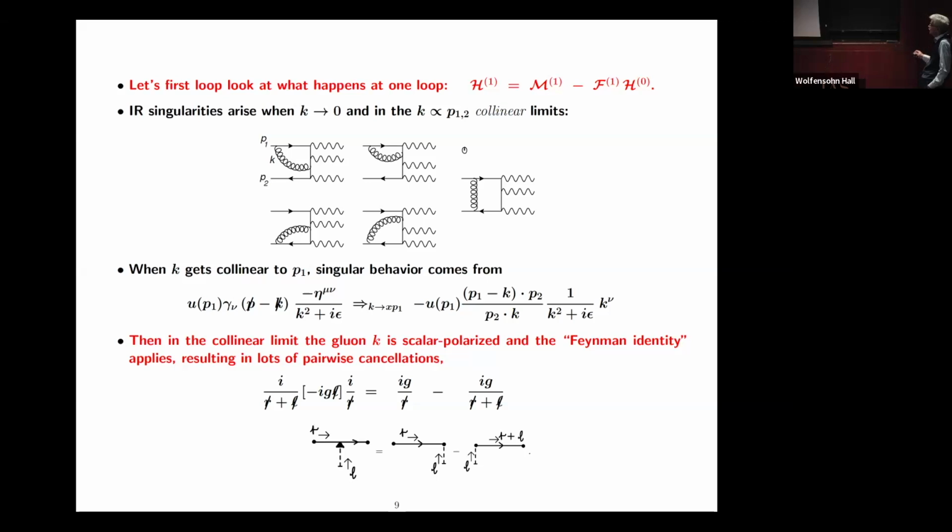We can simply apply the Feynman identity, which just says when you put L slash between P plus L and 1 over P, you get the difference of these two. So very commonly expressed in this kind of figure that shows that as this K becomes collinear, becomes scalar polarized, its action on propagators in the hard scattering is the difference of two pieces.